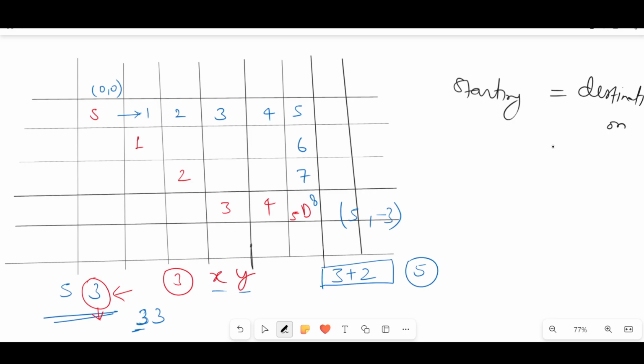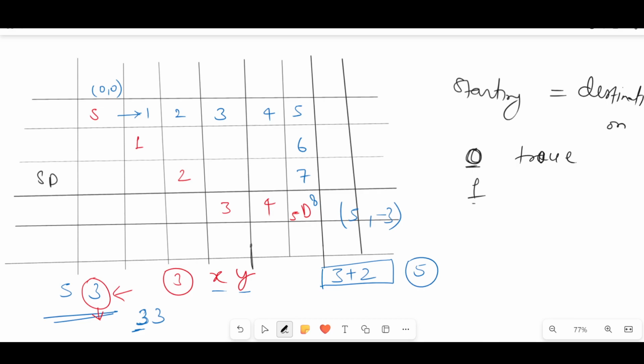If the time given is 0, yes, in 0 seconds we are on the destination, so we have to return true. Source and destination can be the same according to the problem, and if the time given is 0, we are already on the destination, so we return true.